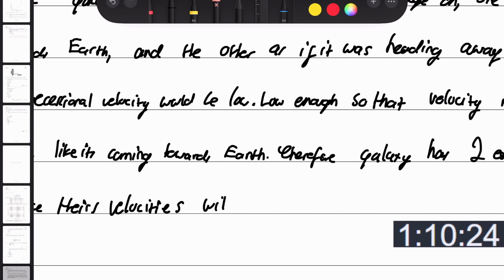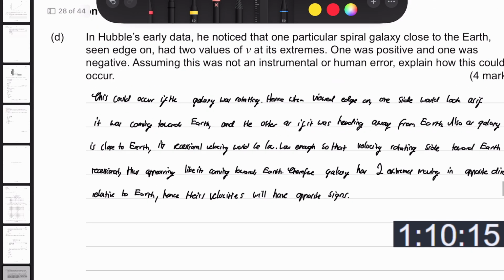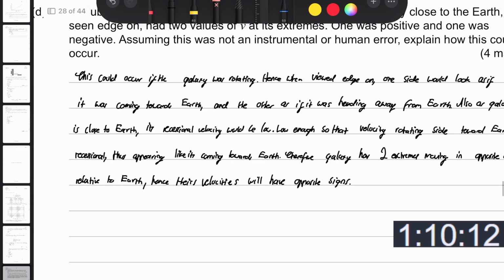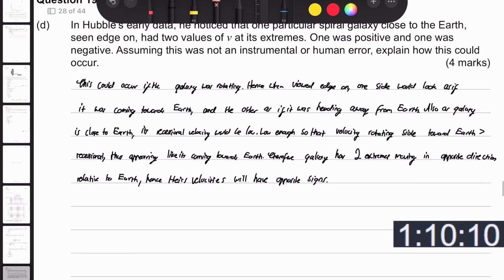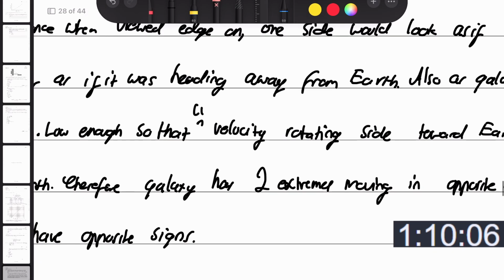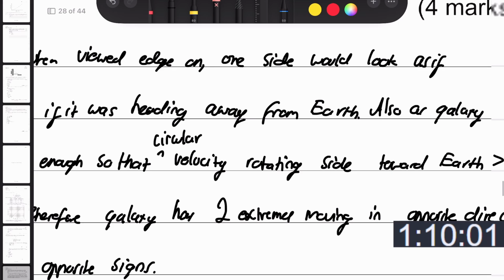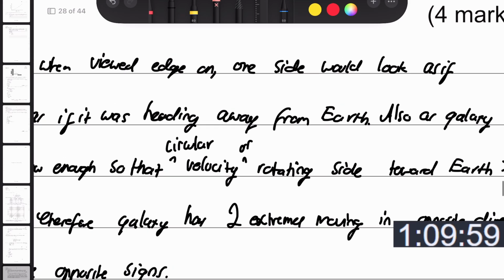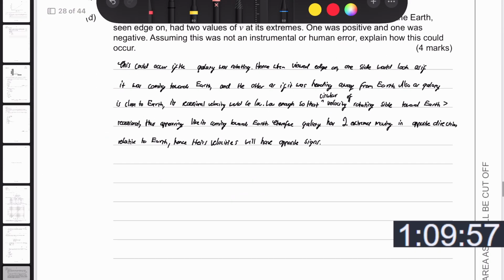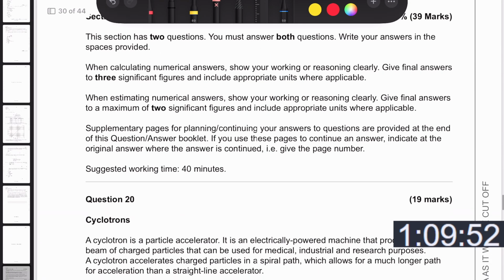We should say here: circular velocity of the rotating side towards Earth is greater than the recessional. Okay, end of section 2.